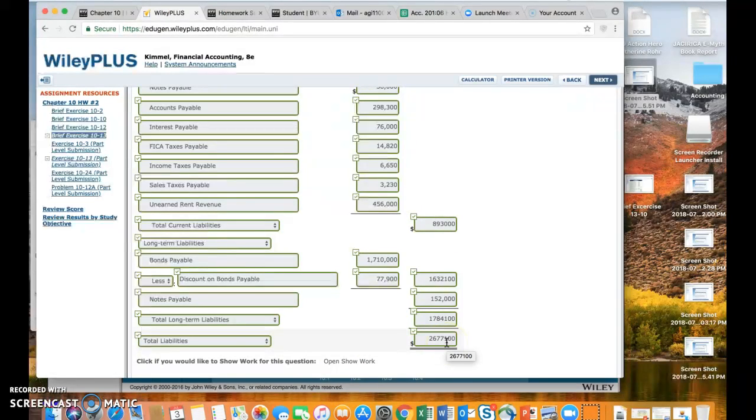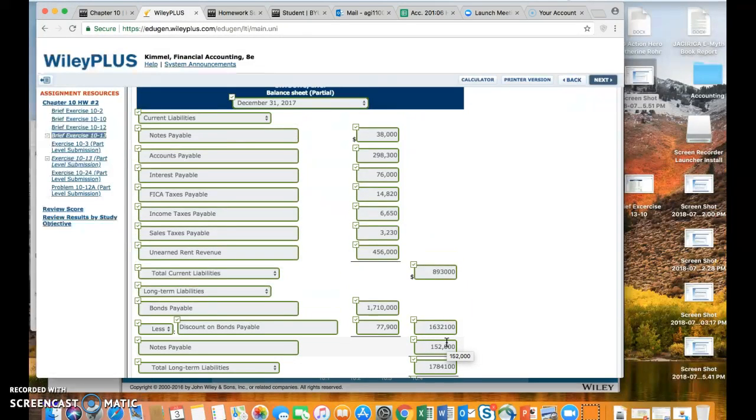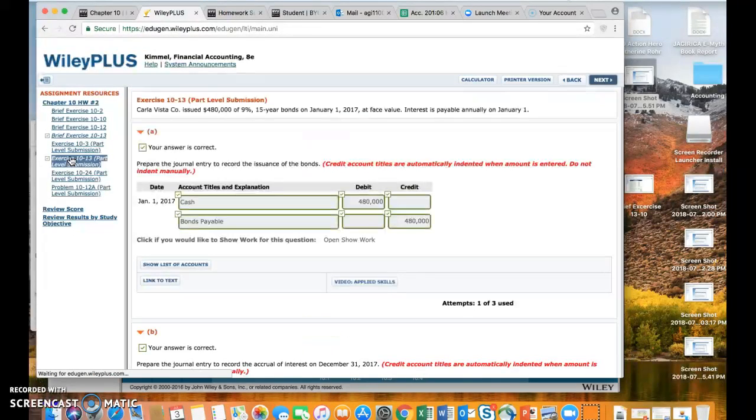From the experiences we've had previously, I believe this is going to be pretty easy for us to get. So let me quickly move to the next one, which is exercise 13.3, and I've also solved this in my Wiley Plus. I'm just going to explain how I was able to solve this.